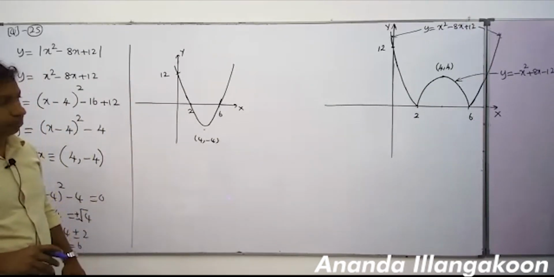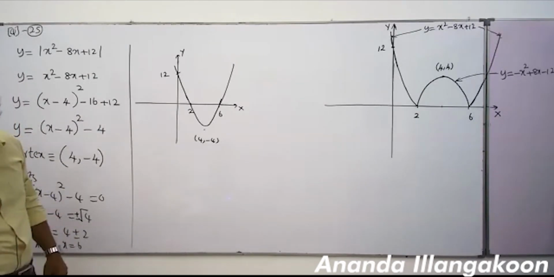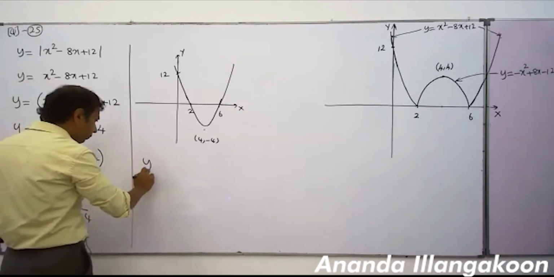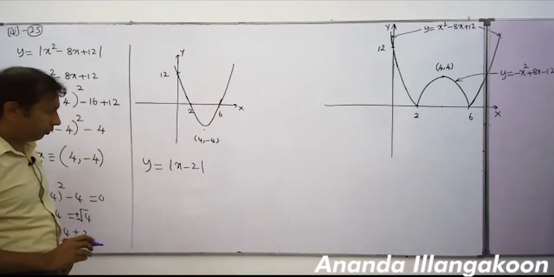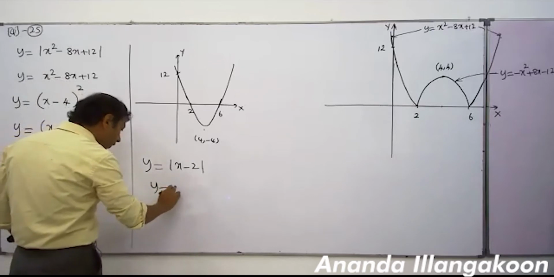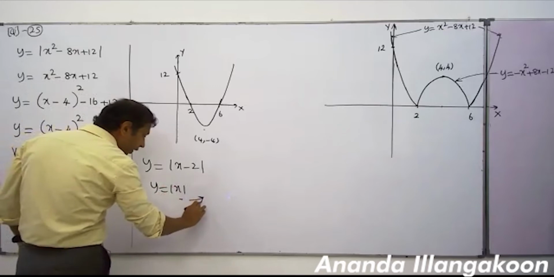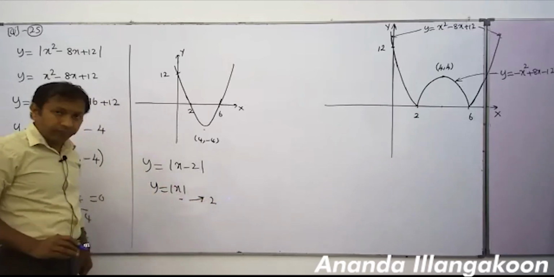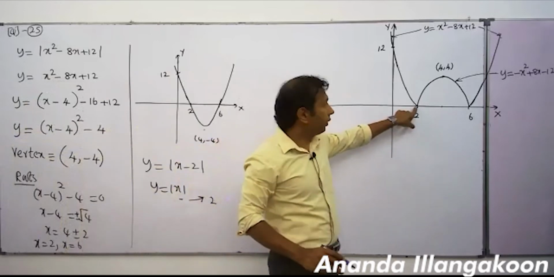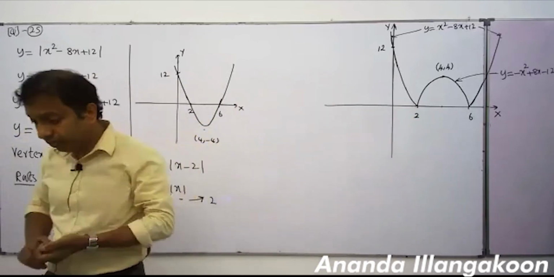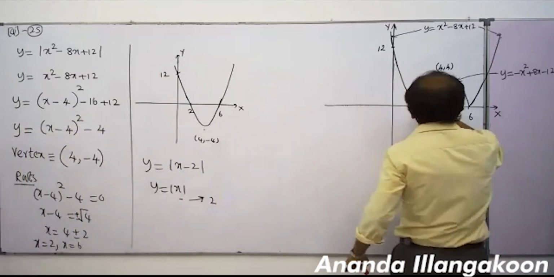That graph we drew. The next graph we have drawn is, people, y equals mod x minus 2. You know how to draw this? This graph can be drawn taking y equals mod x graph. This graph we shift to right hand side by 2 units. That means here the vertex. Right. Then that graph becomes a V-shaped graph this way.